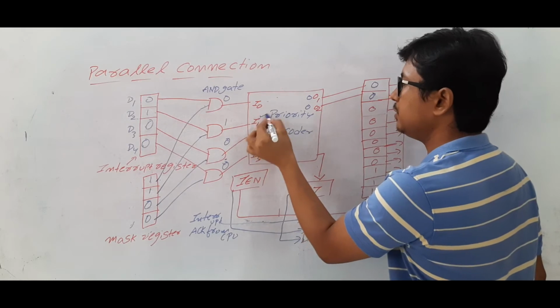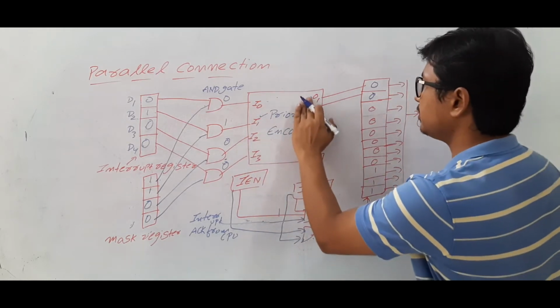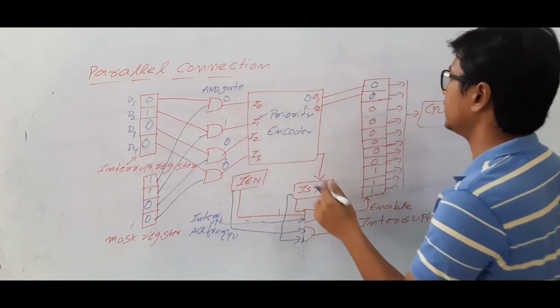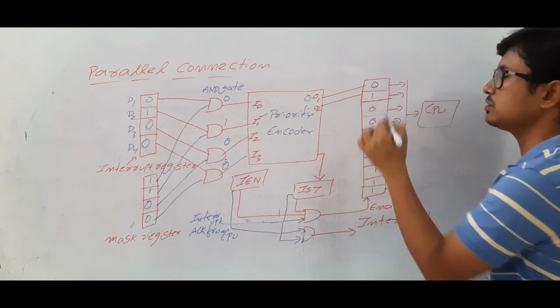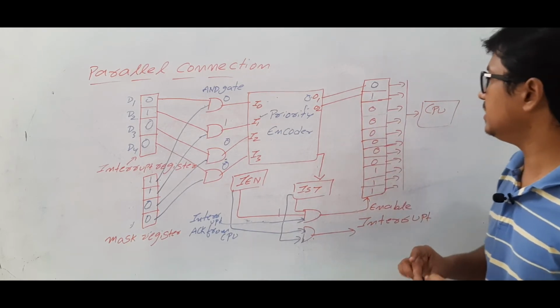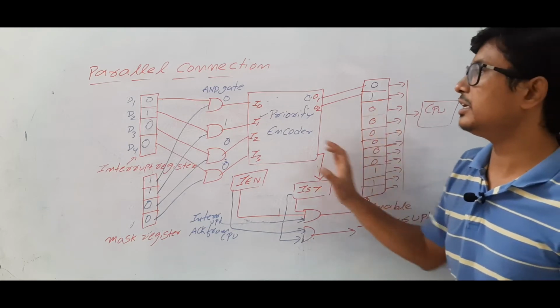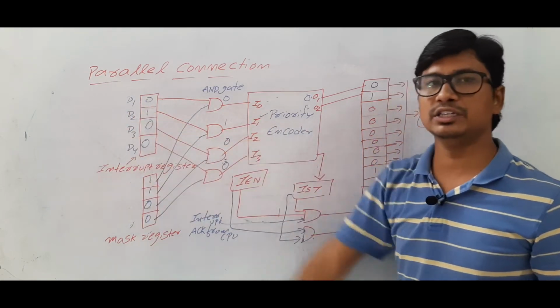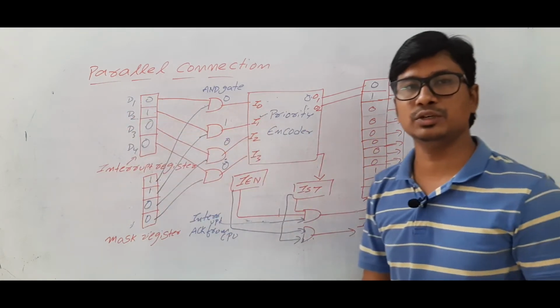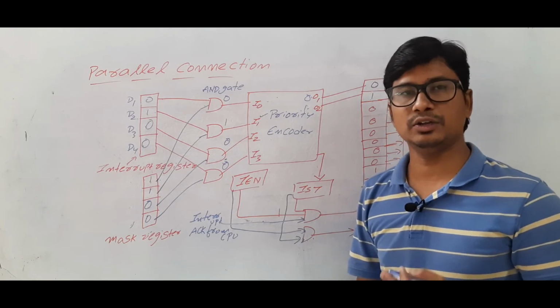Then interrupt I1 will be enabled and we will get the value as 0, 1. So this value will be 0, 1. The meaning is that in this address location the interrupt service routine of device 2 is there, then the CPU will execute its instructions. Are you able to understand?